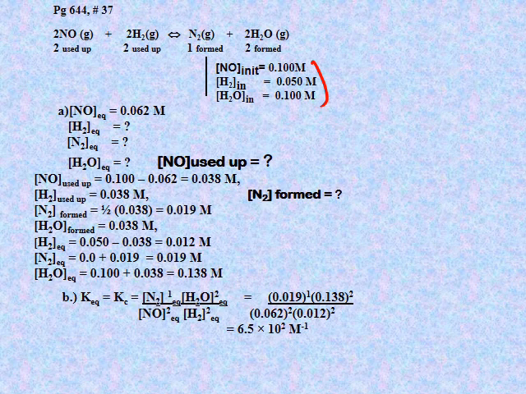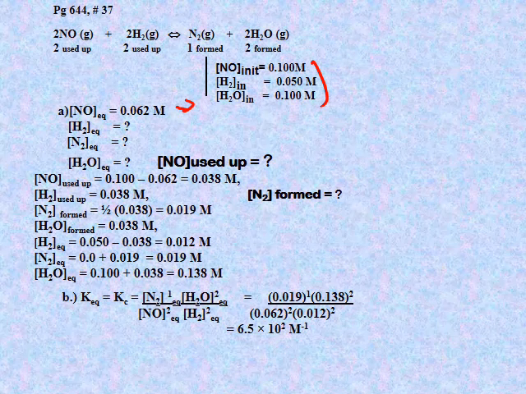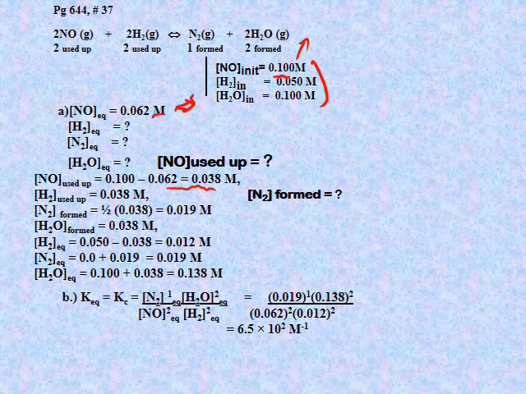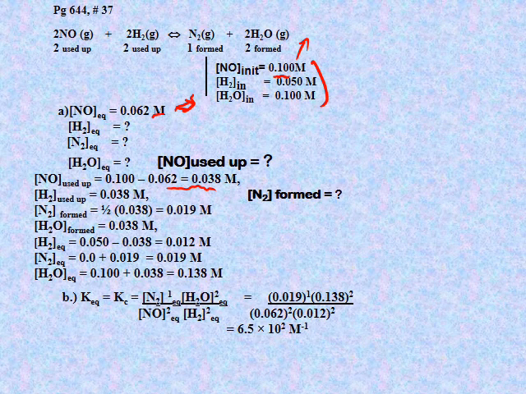In addition to that, they also gave a final or equilibrium concentration for NO. That means the initial concentration was 0.100, and the final concentration after reaching equilibrium was obviously less, 0.062. So what happened to the difference? The difference was used up. So from 0.100 to 0.062, we find out how much was used up in the reaction. So we find that 0.038 molar was used up.